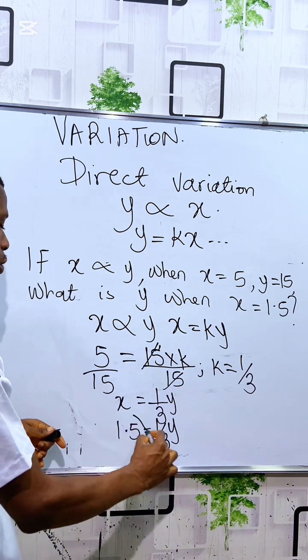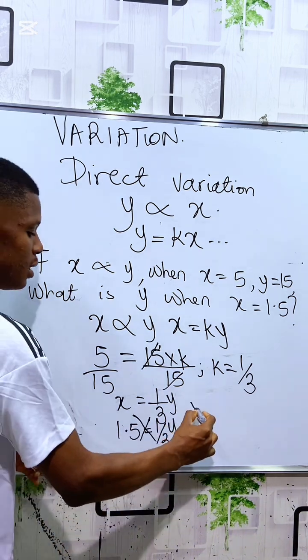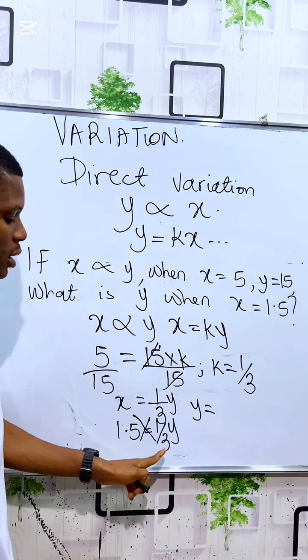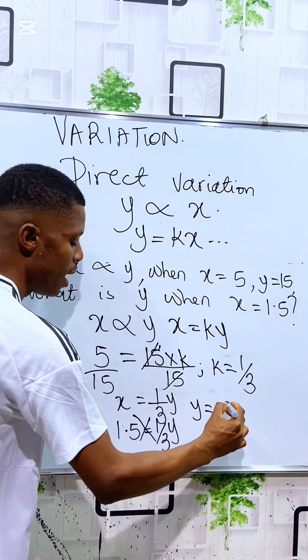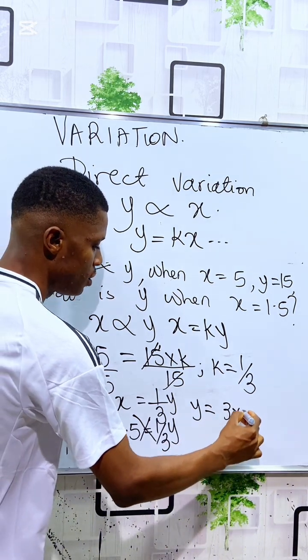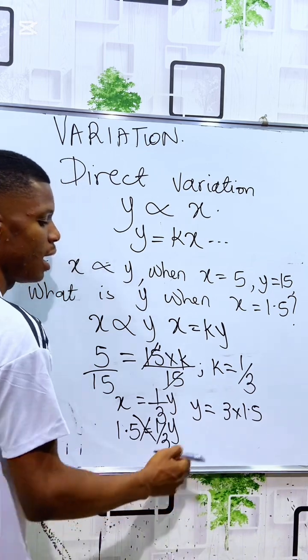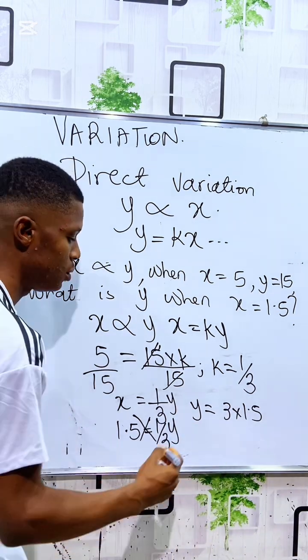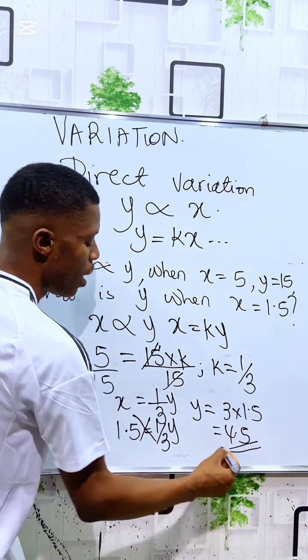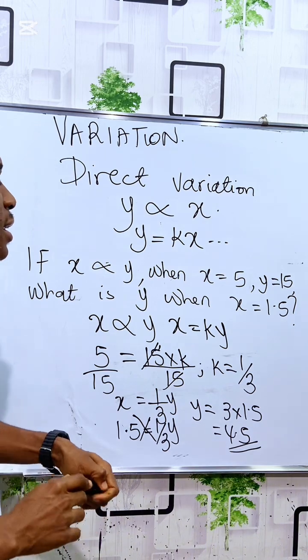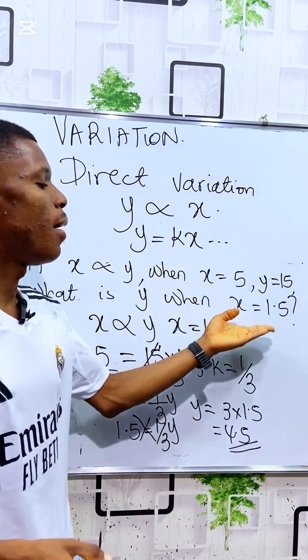So you just have to cross multiply. You see that y is equal to 3 times 1.5. And 3 times 1.5 is 4.5.